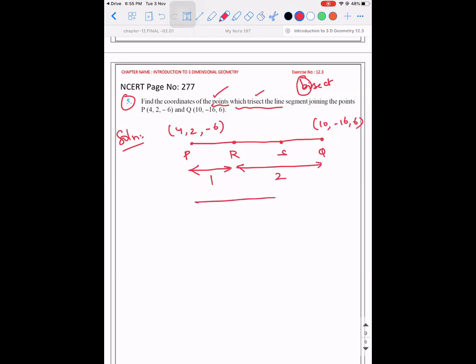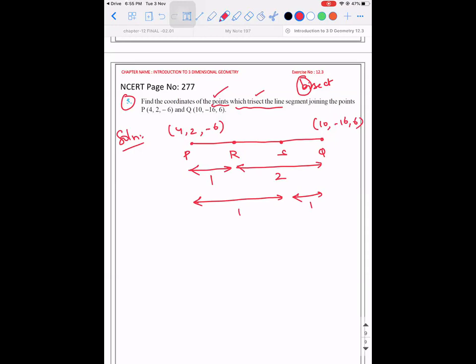Or if PS is 2, SQ will be 1. Mostly what people do is they take only one point. Did you guys understand what I did? PR is the same distance as RS, which is the same distance as SQ.